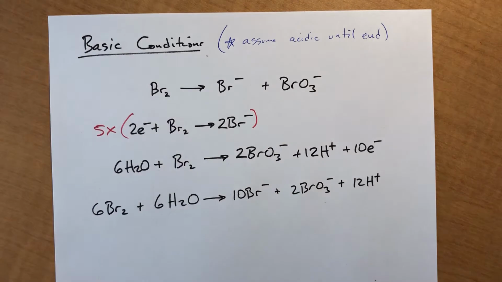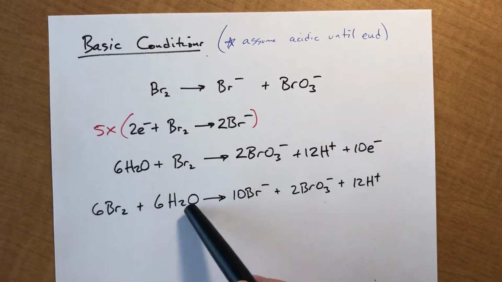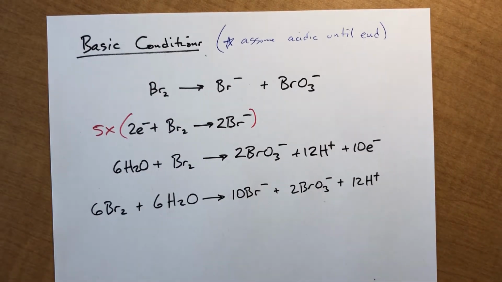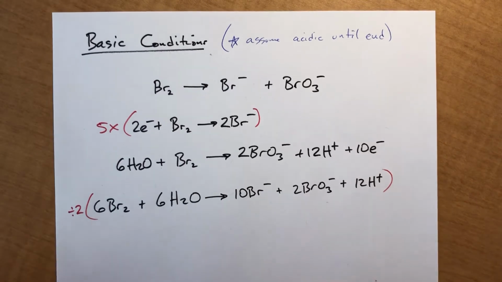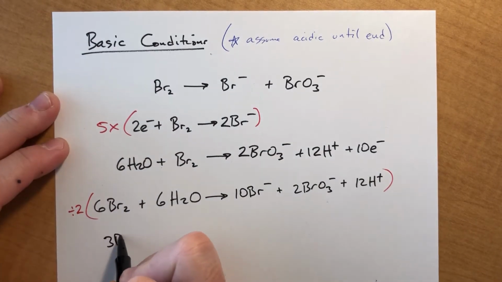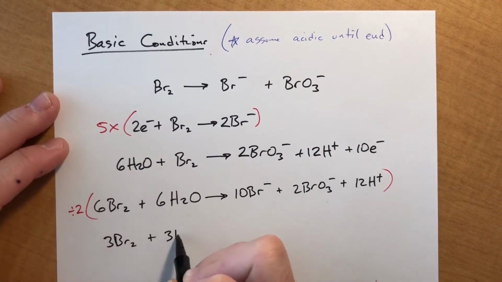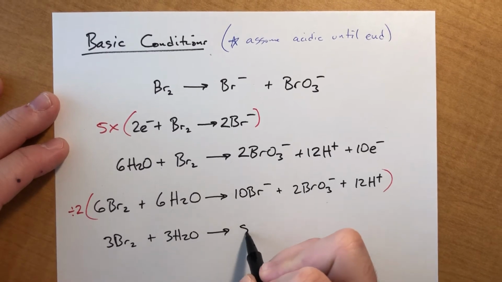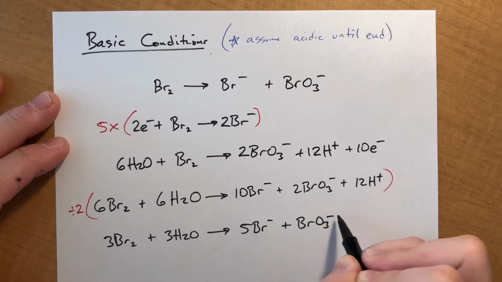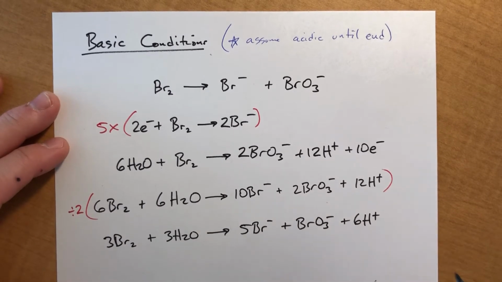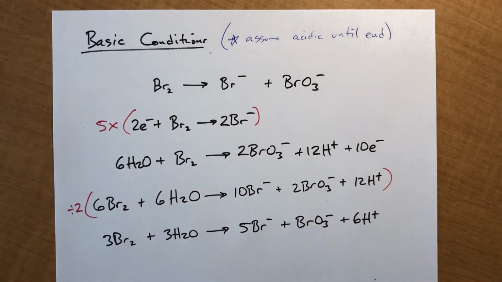Technically speaking, everything here is divisible by 2, which means we can reduce this. I'm just going to go ahead and do that now so I don't have to think about it. You don't always have to do this, but in this particular case, it works out and it will make it easier to see what's going on. So everything divided by 2: this is 3 Br2 plus 3 waters forms 5 Br minus plus BrO3 minus plus 6 H plus.